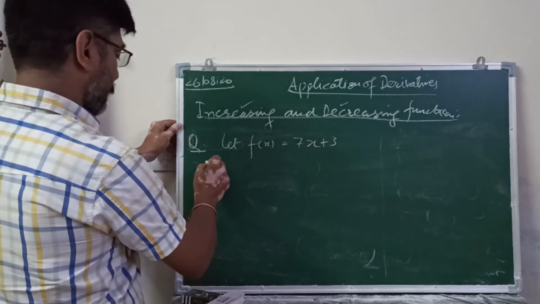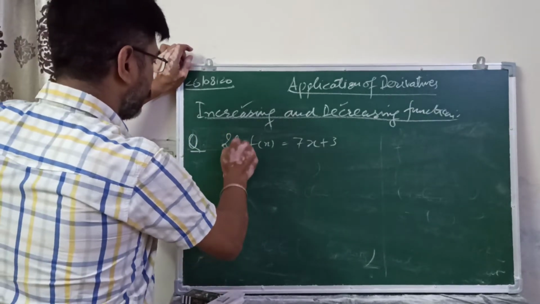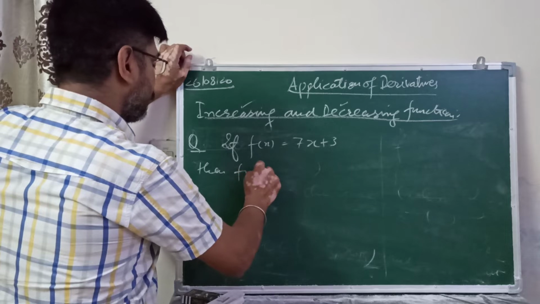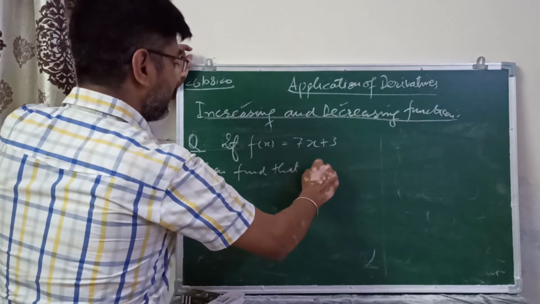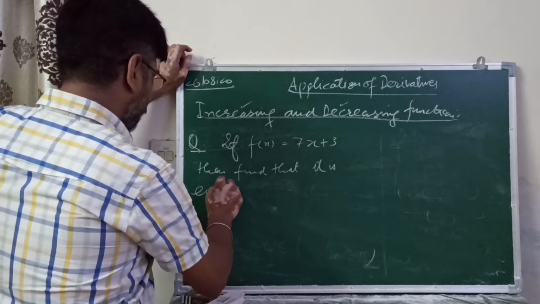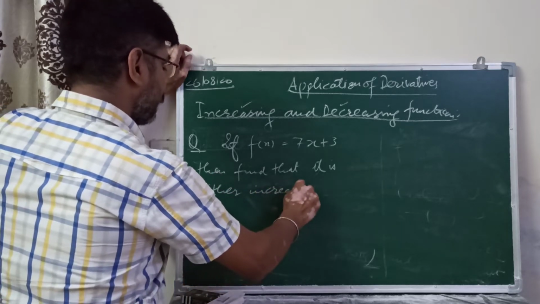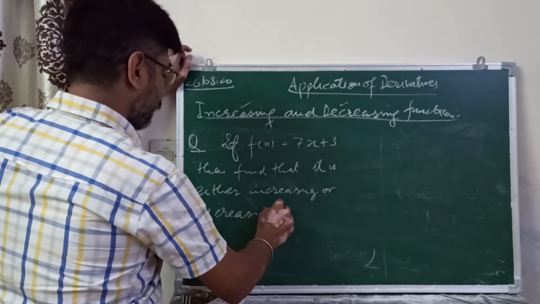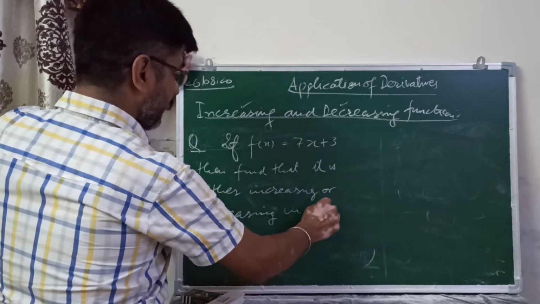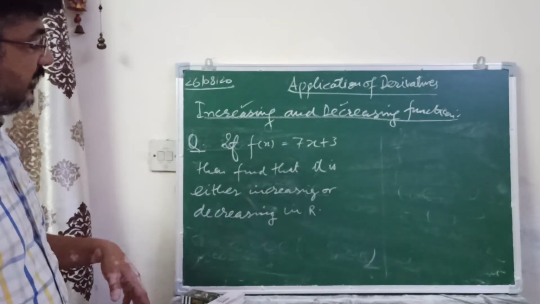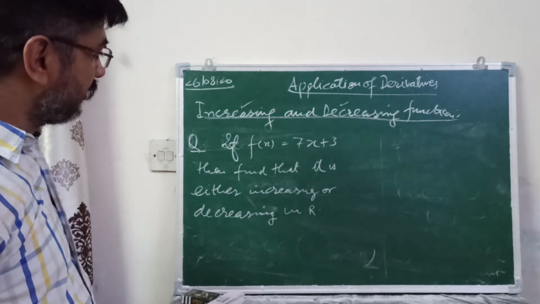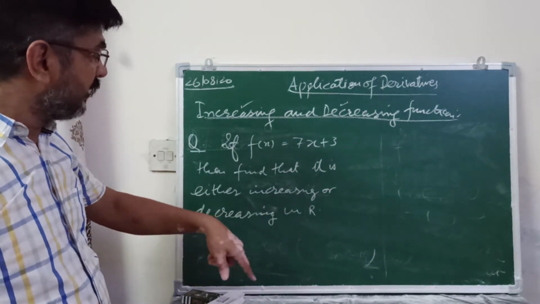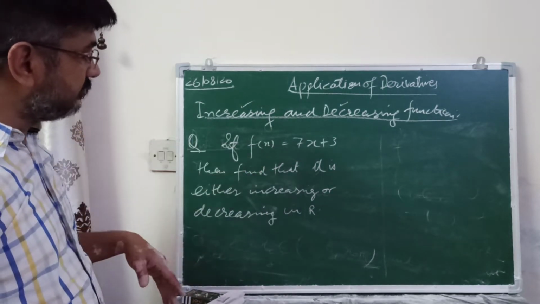If f(x) equals 7x plus 3, then find whether it is increasing or decreasing in R. This is either increasing or decreasing in the set of real numbers R. We will check whether it is increasing or decreasing.